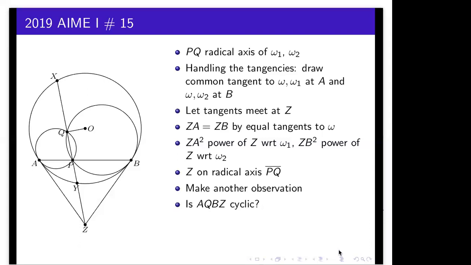Well, angle AQZ, which is angle AQP, is equal to angle BAZ because of the tangent line AZ. ZQA is PQA. We're just renaming the same angle. And this is equal to angle PAZ because ZA is tangent to omega 1.